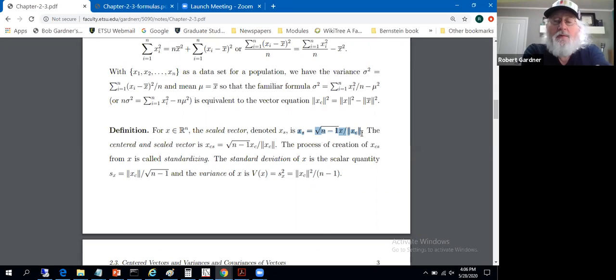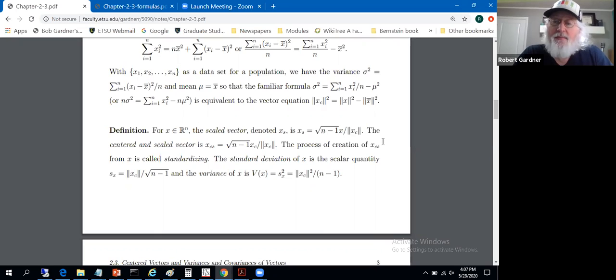A couple of observations. One of them, this n minus 1 thing must be the perspective of samples, and in the rest of the material we'll see n minus 1 instead of n's. So they're thinking samples from a population. They've taken x and divided by the norm of the centered counterpart. All right, we'll see in a second why this is thought of as a scaled vector.